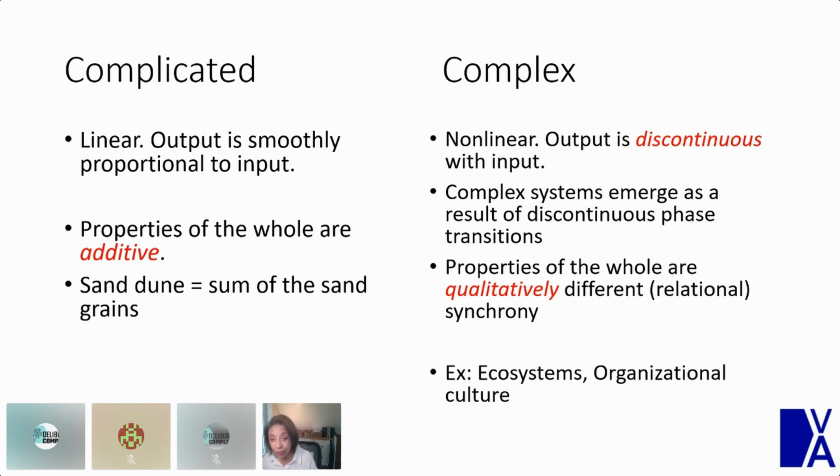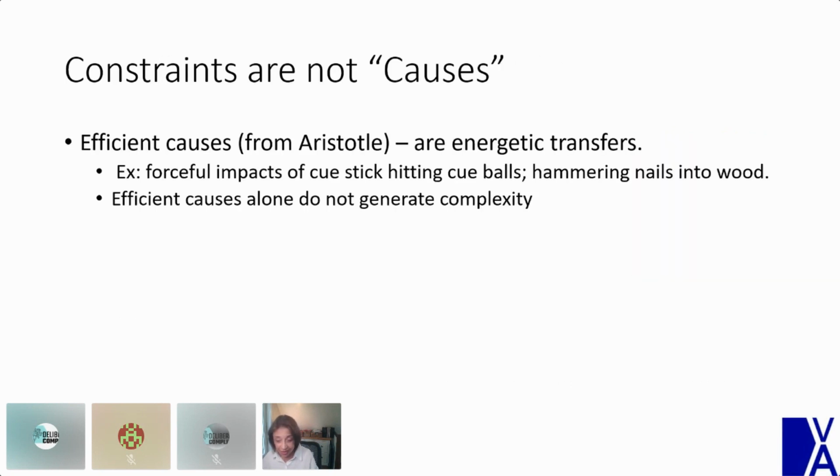And so I would want to argue that ecosystems, because of these interdependent, constrained interactions, become complex, and they are not complicated. They have characteristics that are greater than the sum of their parts.